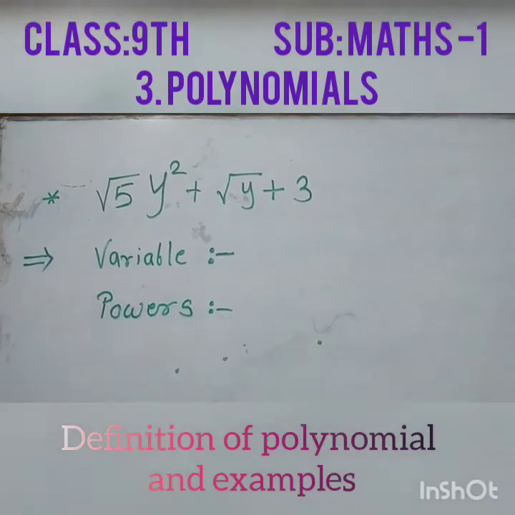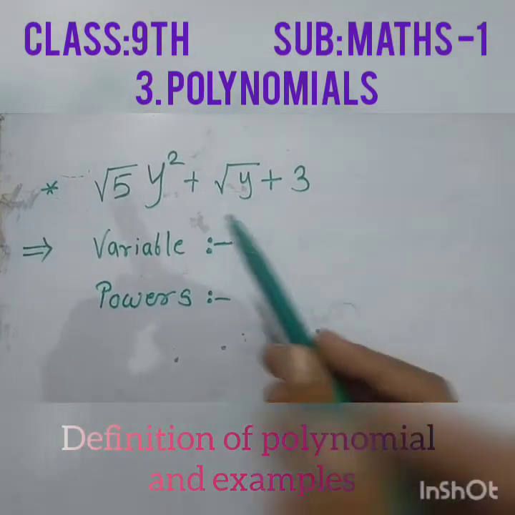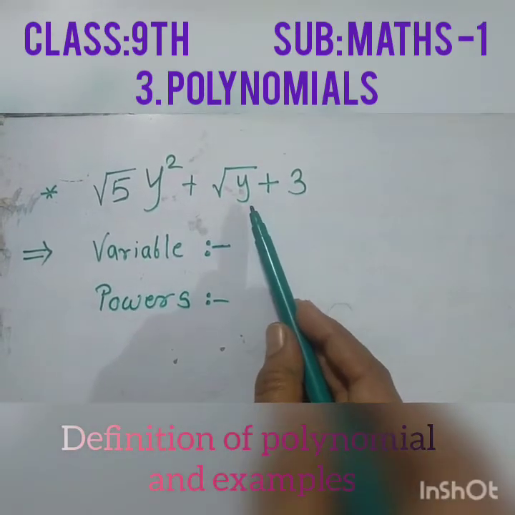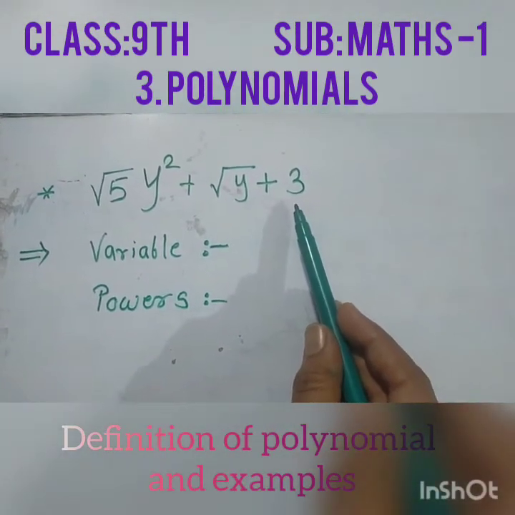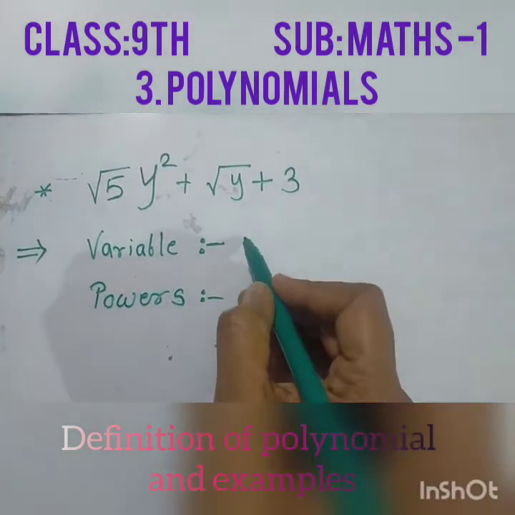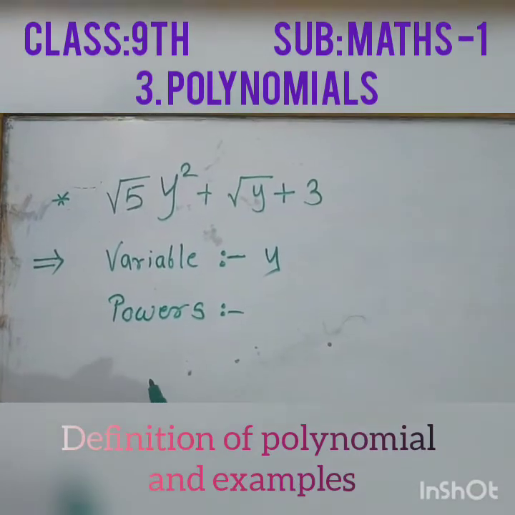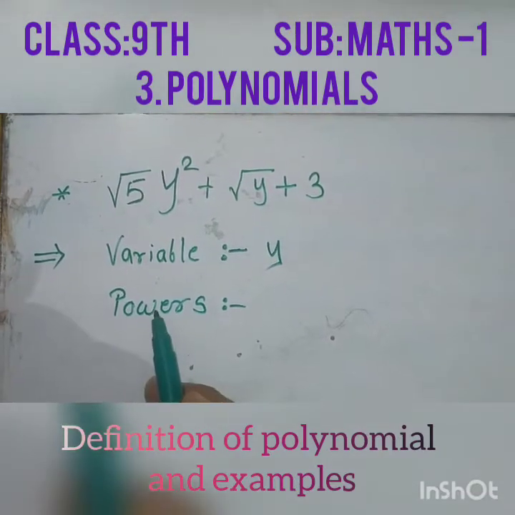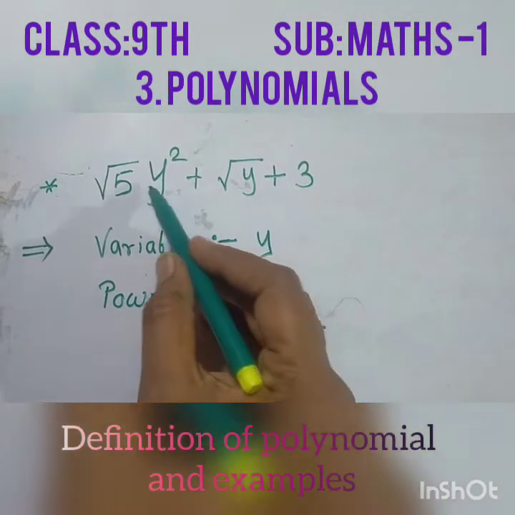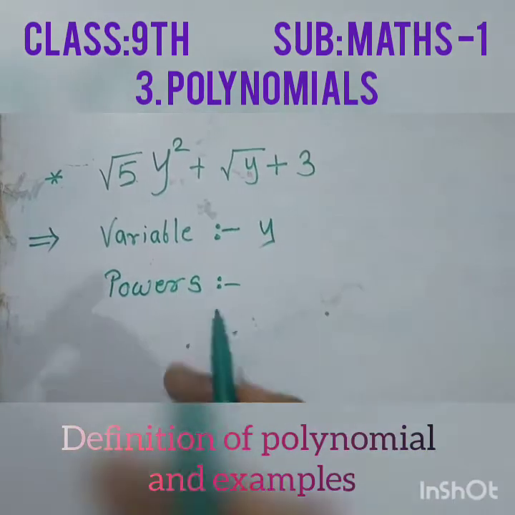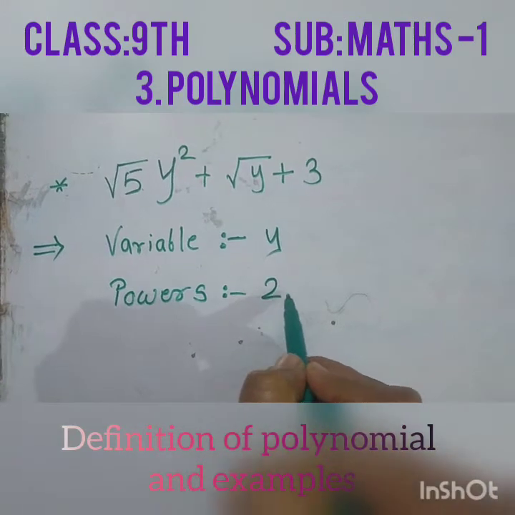Now we see another example: root 5 y square plus root y plus 3. Here the variable is y. But let's see the powers. Here root 5 is the coefficient of y square. Y square means here power is 2.